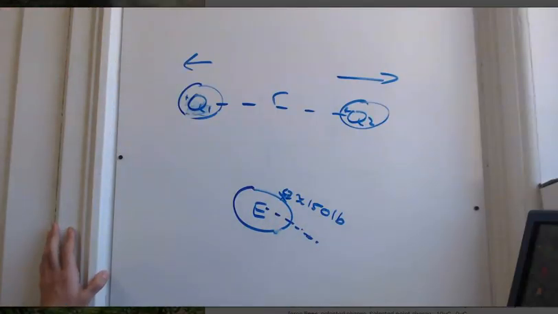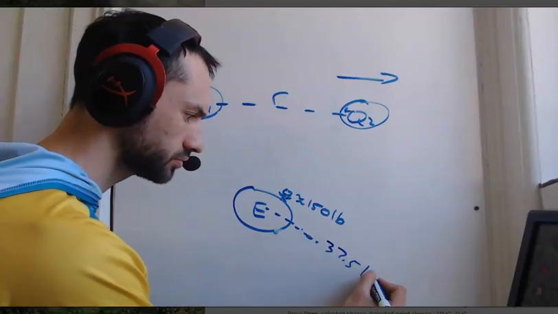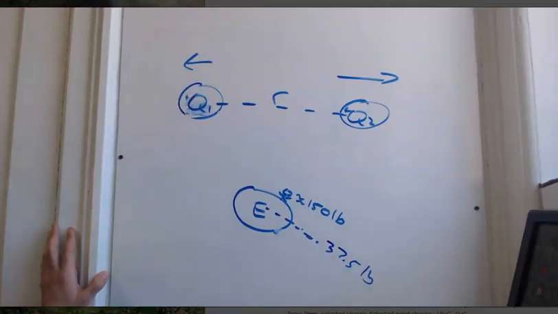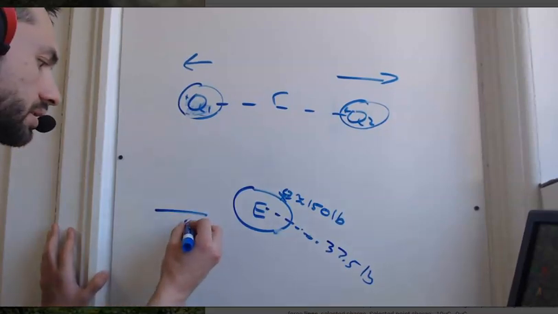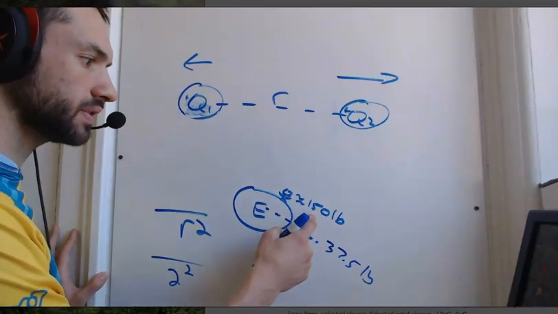So I go from 150 pounds to 37 and a half pounds, because I went double the distance away. That's how field forces work. It's over r squared. Double the distance, I square the 2, so it became over 4. I divided 150 by 4.